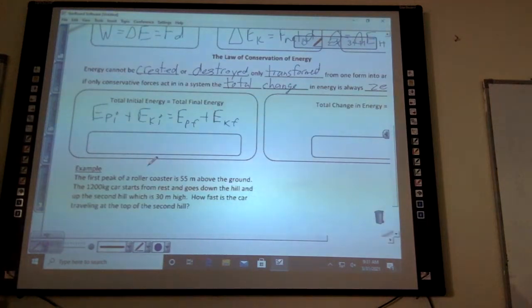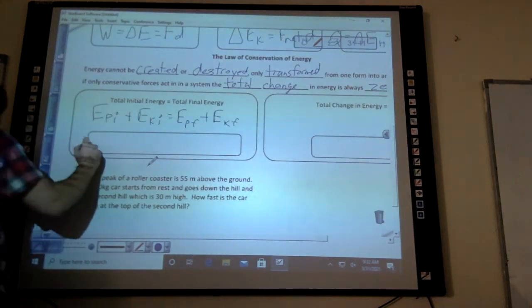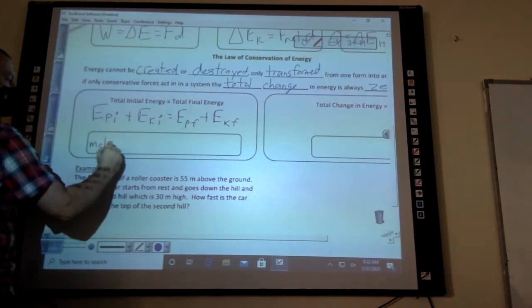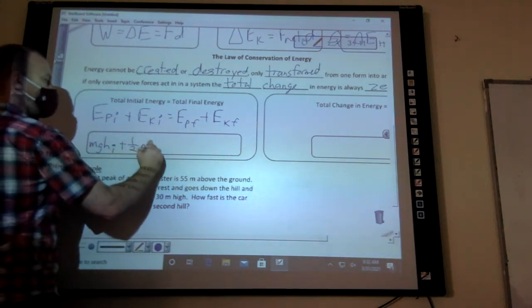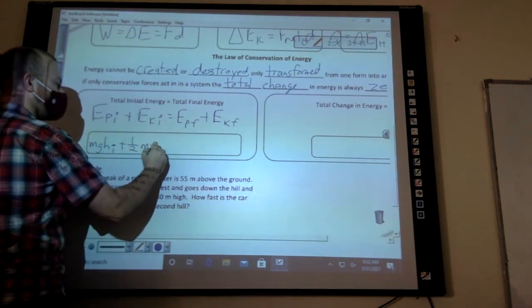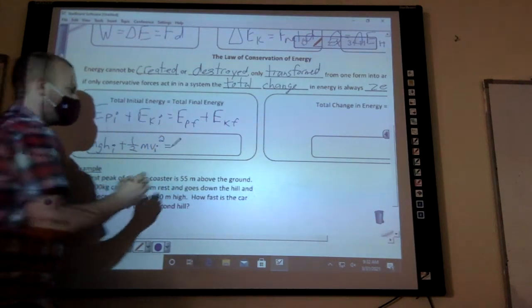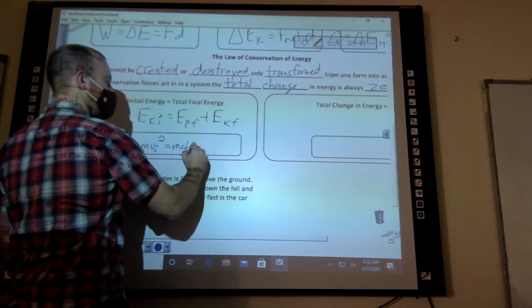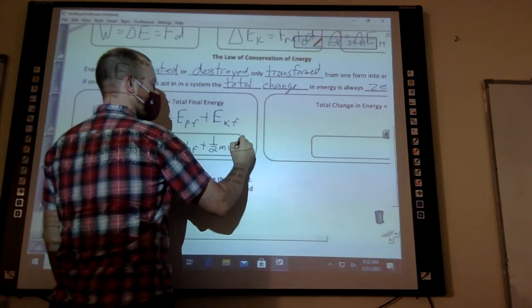So if I were to take each of these individually and plug in the actual equations, potential energy is mgh. So I have mghi plus a half mvi squared equals mghf plus a half mvf squared.